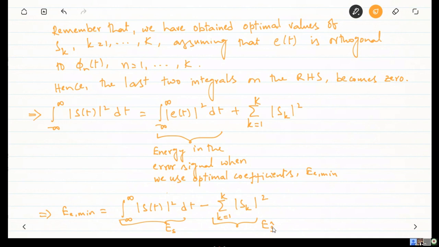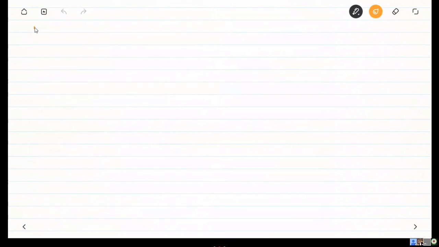Yes. As a small homework, s hat of t is the summation k equal to 1 to capital K of sk phi k of t.